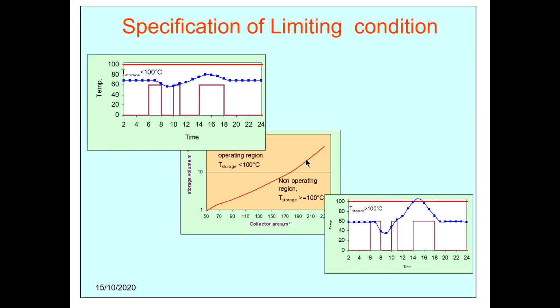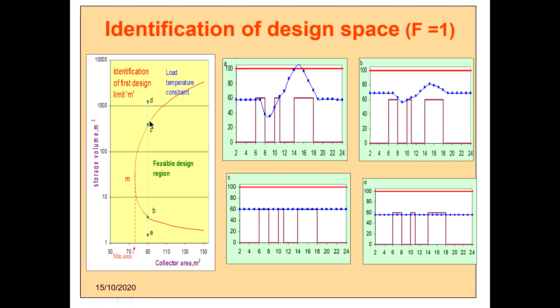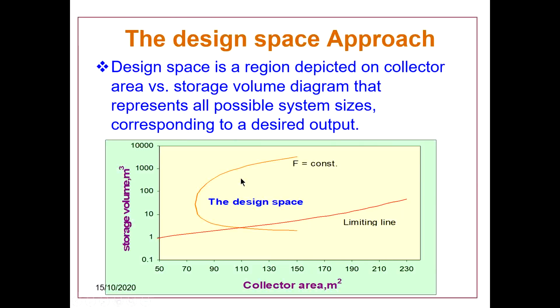Now, if I combine this profile and this design space, these are all design limits, is it not? This line falls on a design limit. So this is a limiting design line. If I superimpose this limiting design line with the limiting line, I get the design space here.